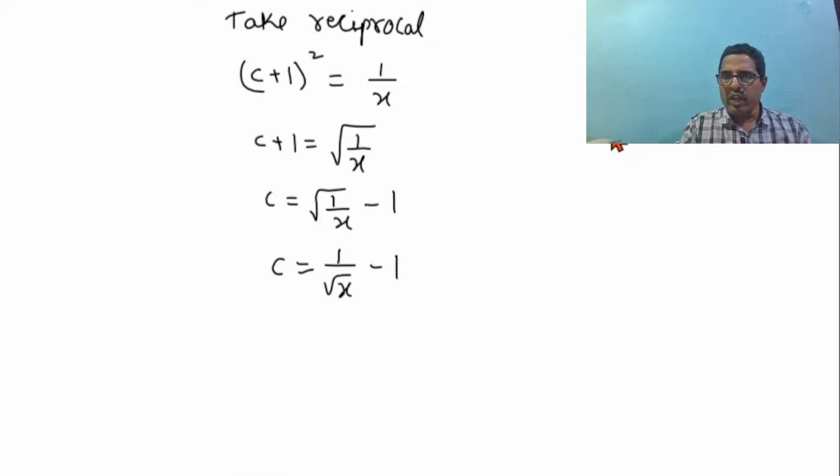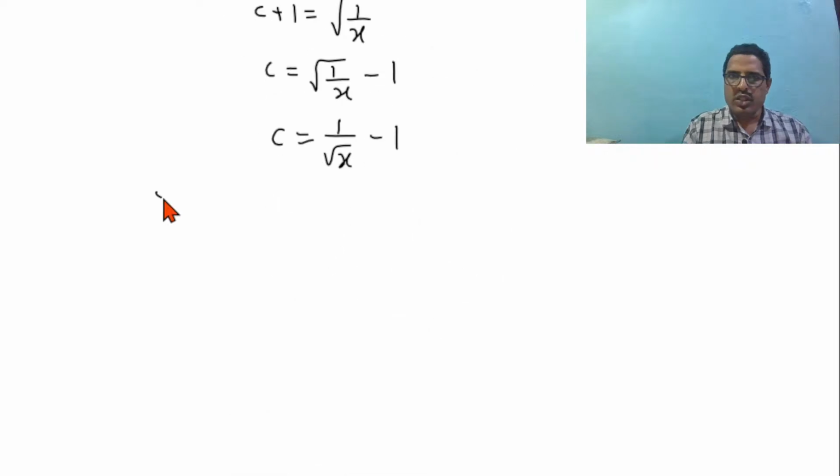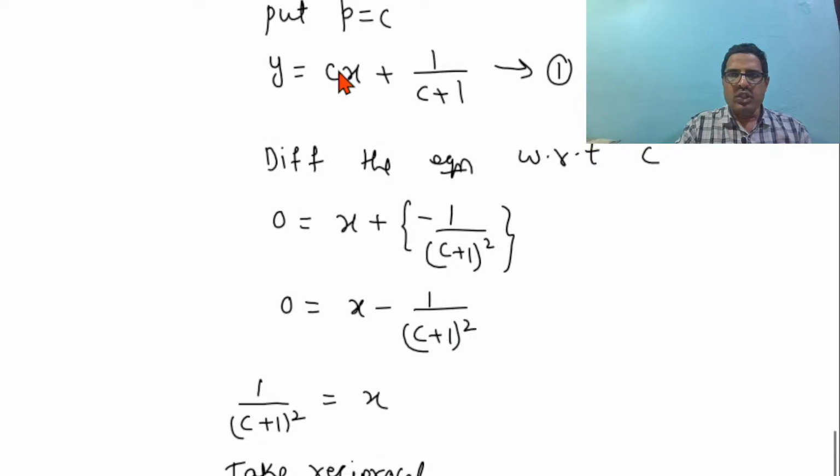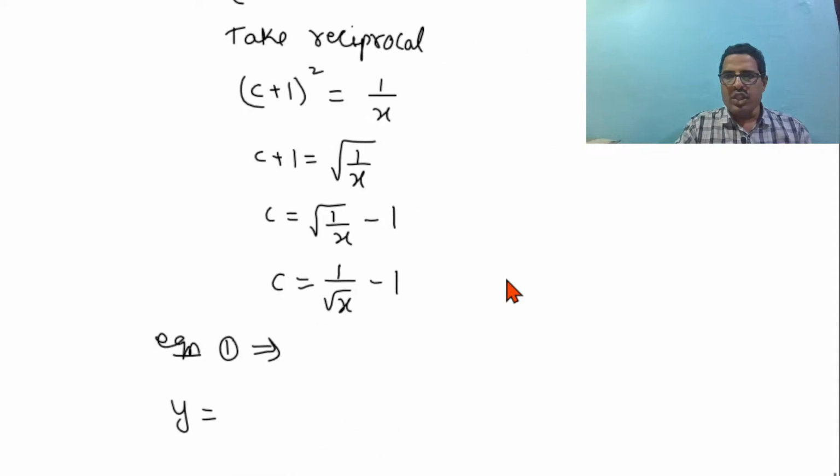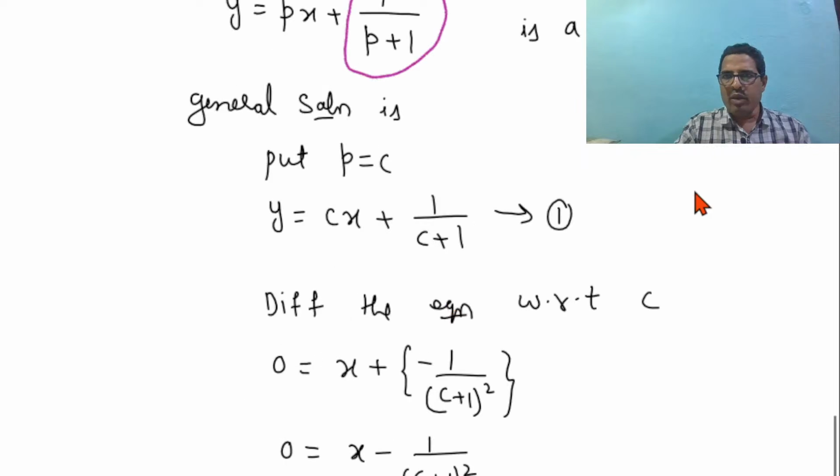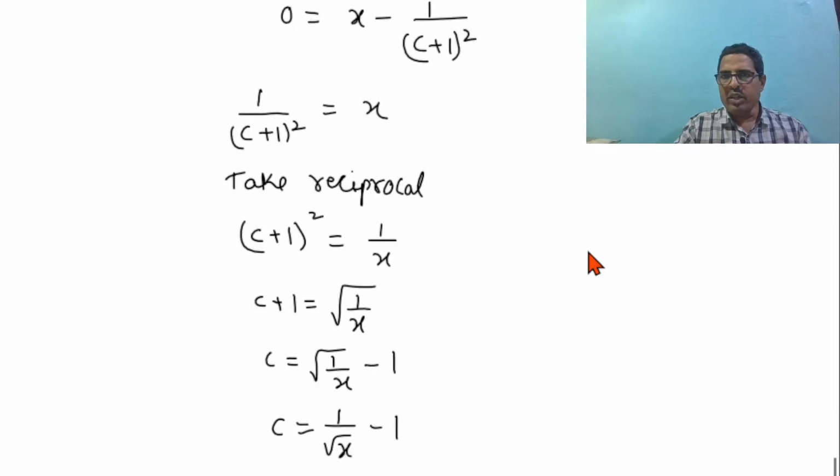So, y equals cx plus 1 by c plus 1. The value of c is 1 by root of x minus 1, so cx, plus 1 by c plus 1.